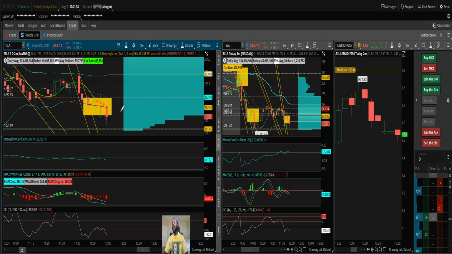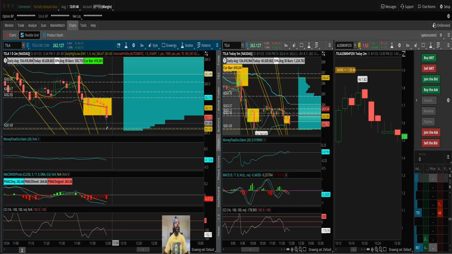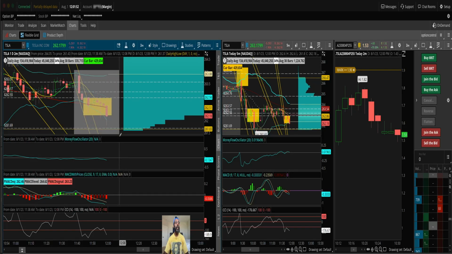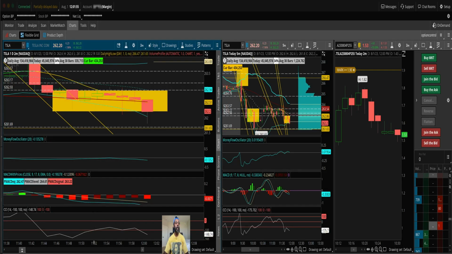Beautiful. Currently up 7,200 on this one right here. Fantastic move. That's what I want to see. I want to see this drop in this volatility.